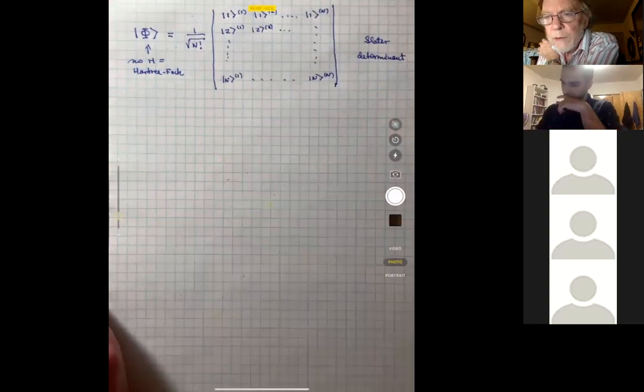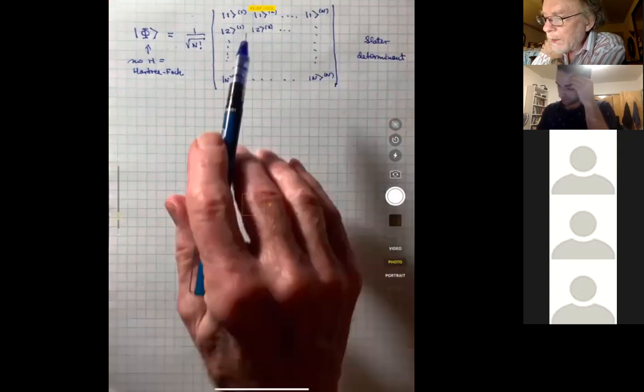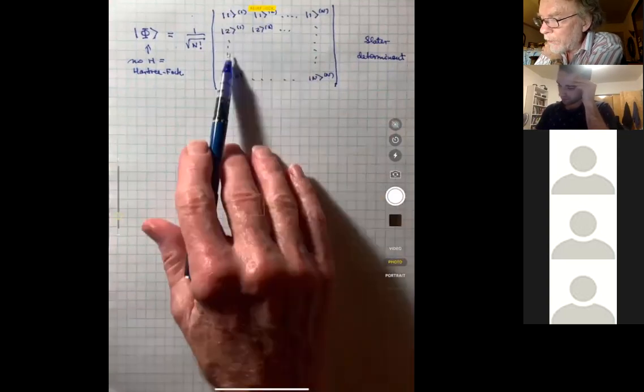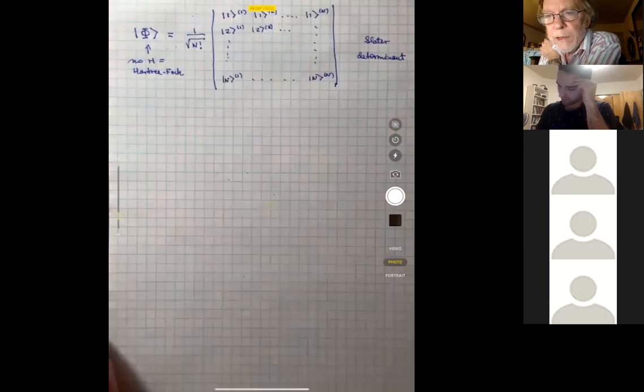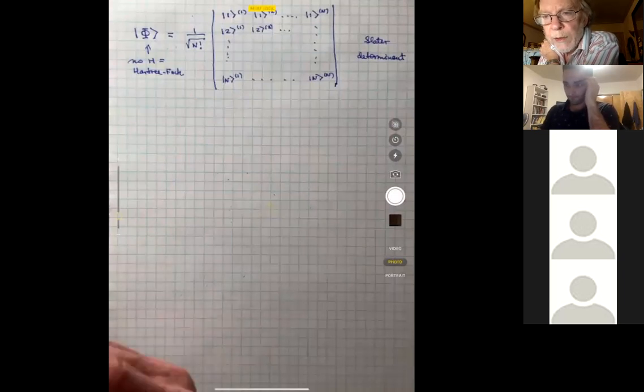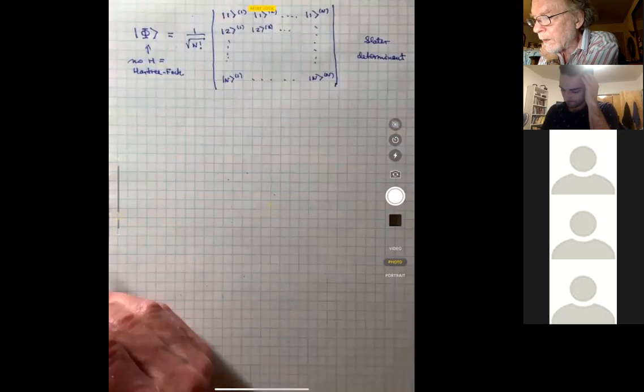How these n factorial terms differ from one another is that the n orbitals, 1 through n coming down a column, are permuted. All possible permutations of those orbitals amongst all possible electrons are contained in the n factorial terms. And then the terms are multiplied by plus or minus signs, depending on whether the permutation is even or odd. Now that's just the definition of a determinant, but that's what Slater set up.